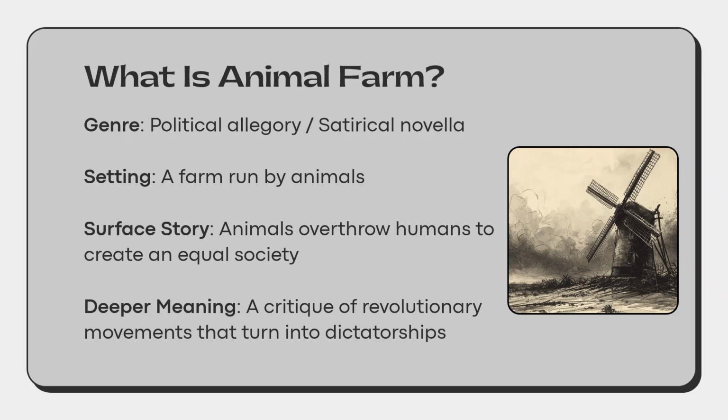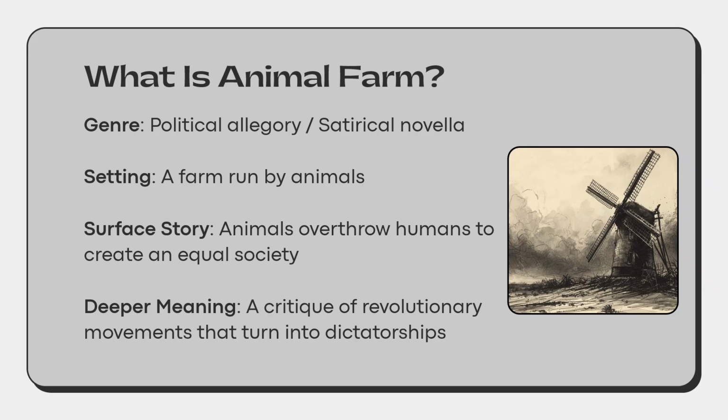What is Animal Farm? Animal Farm is a political allegory and a satirical novella. On the surface, it tells the story of farm animals who rebel against their human owner in order to establish a society based on equality.